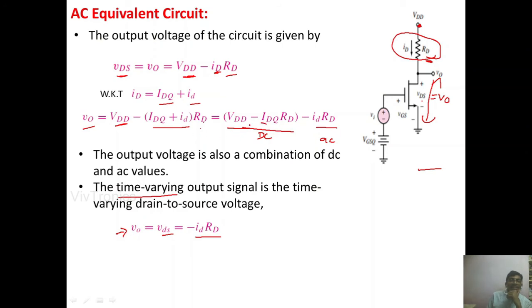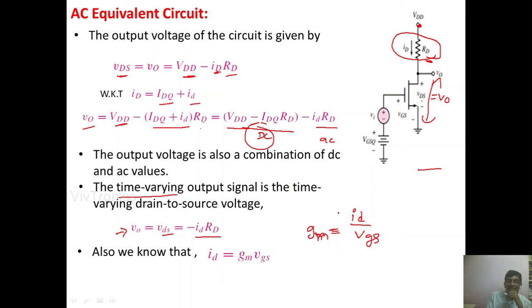The entire DC term is going to be 0. Also we know that the drain current id is equal to gm into vgs, because we know the relation gm is equal to what? id divided by vgs.